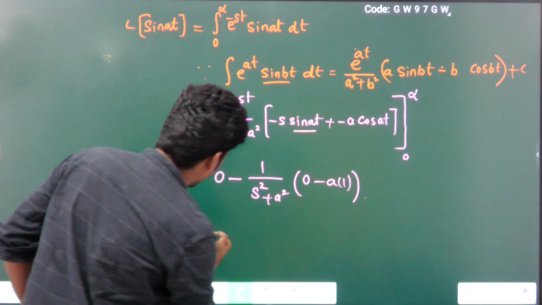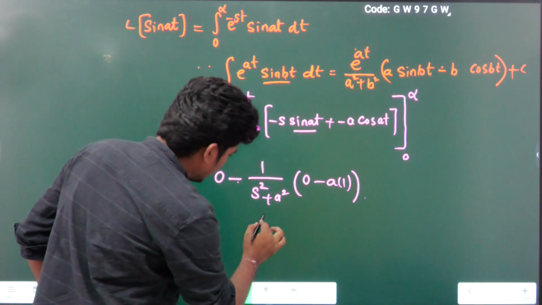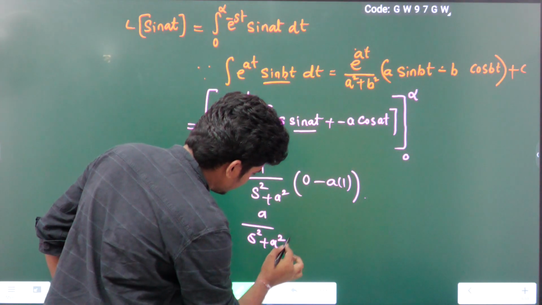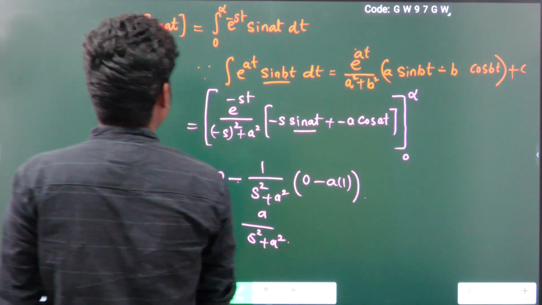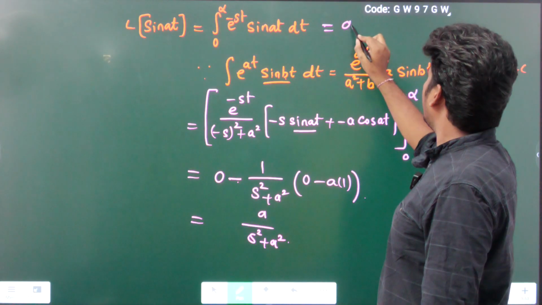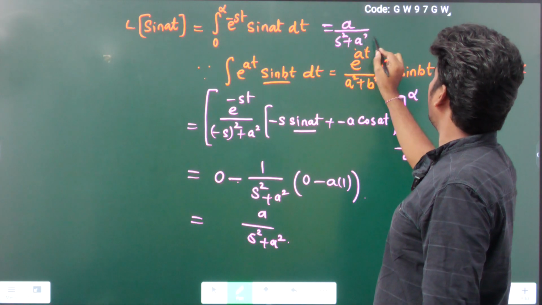This minus becomes plus, so we get a divided by s square plus a square. So the Laplace transformation of sin at is a divided by s square plus a square.